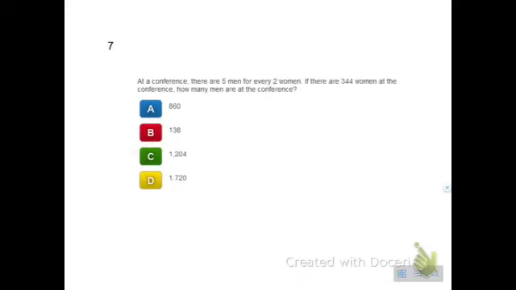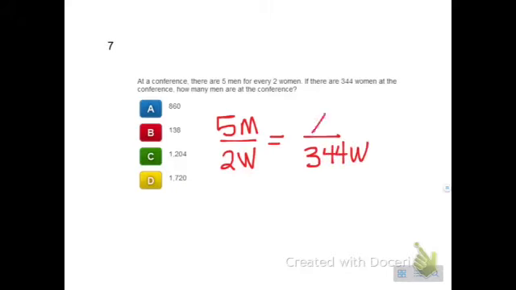Number 7. At a conference, there are 5 men for every 2 women. If there are 344 women at the conference, how many men are at the conference? So this is a similarity, so I would set up my proportions. I know there are 5 men for every 2 women, and 344 women, so let's do women in the denominator. How many men?